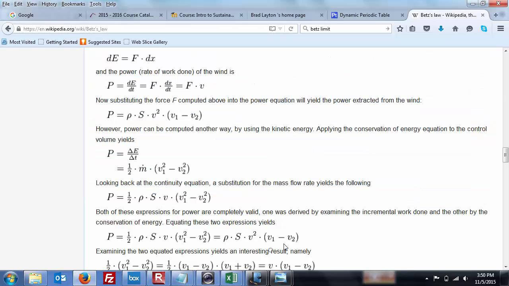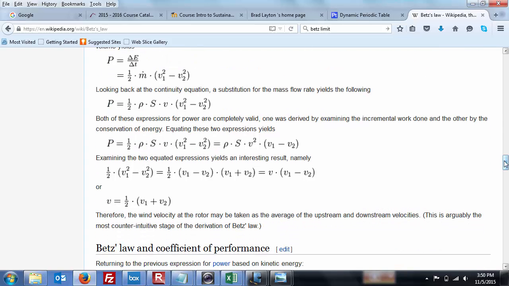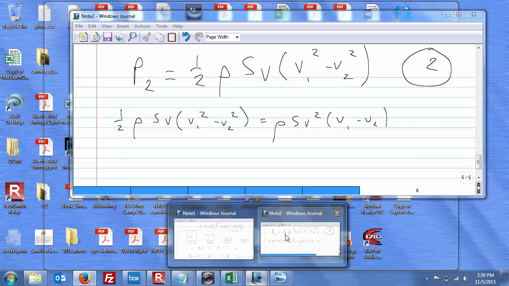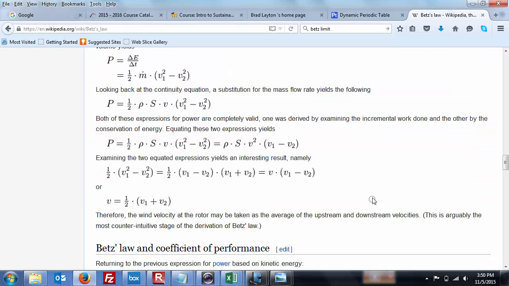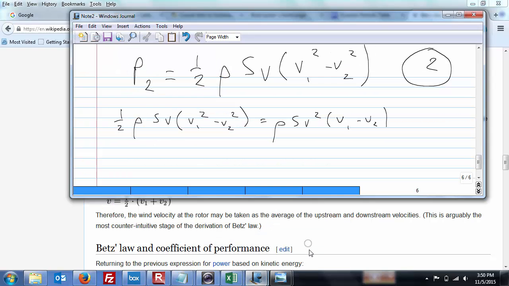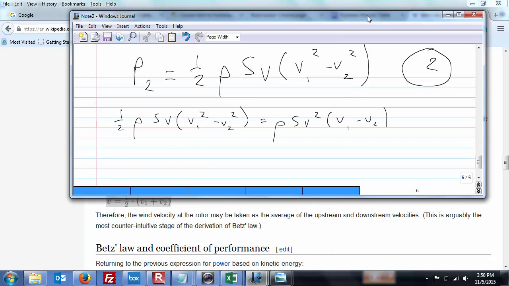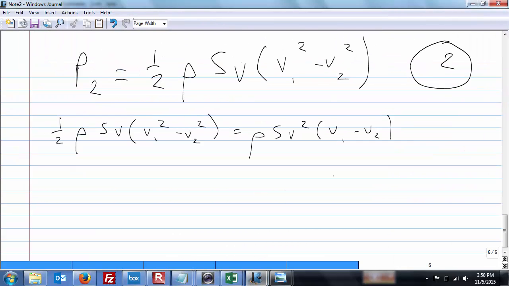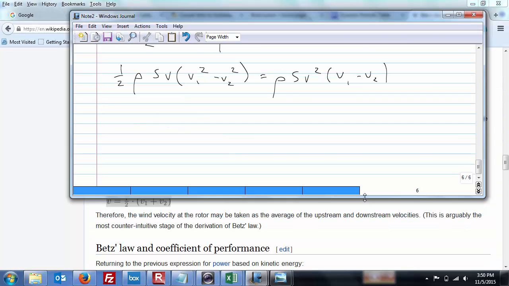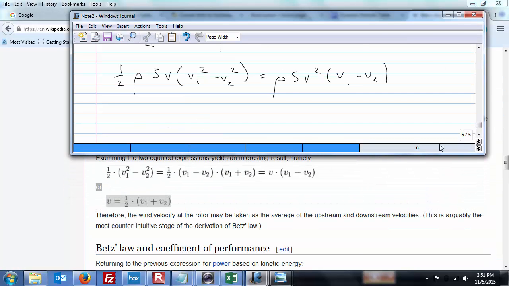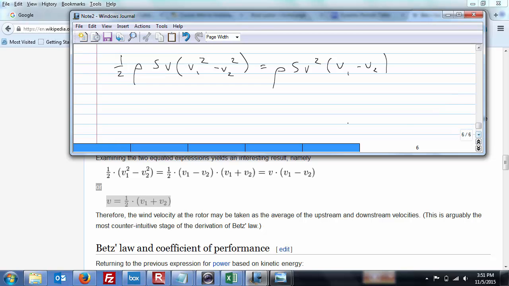And so, again, this is where I'm going to skip through and hurry a little bit, but examining them and equating them yields an interesting result. After scratching your head for a while and solving this thing, what we end up with is actually kind of funny and trivial when you think about it.